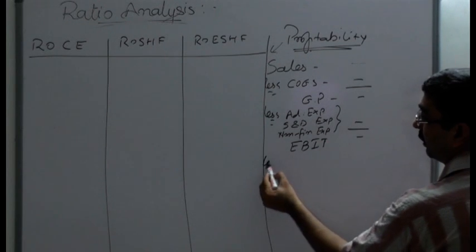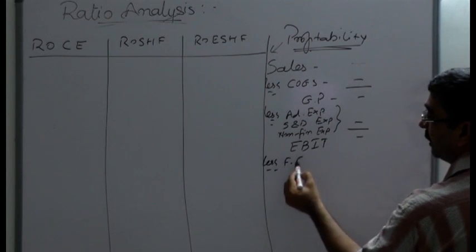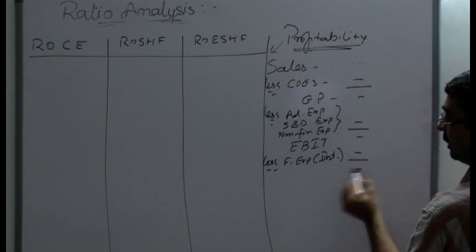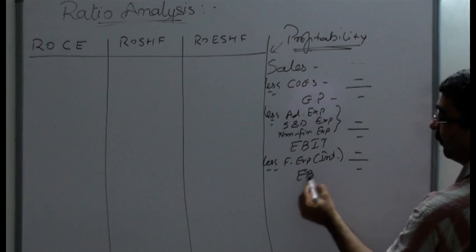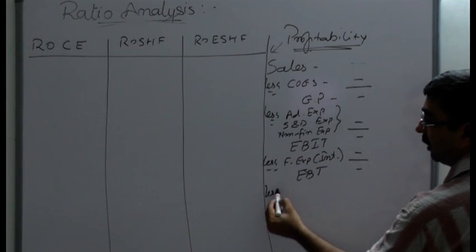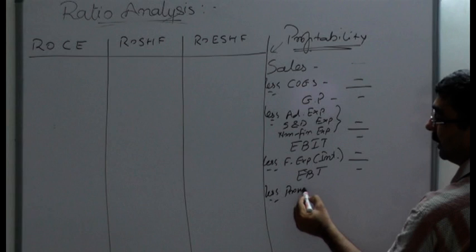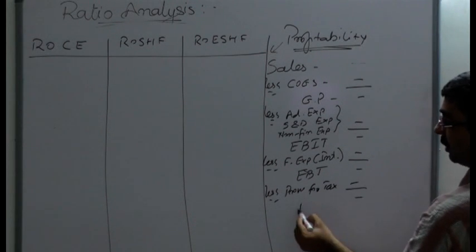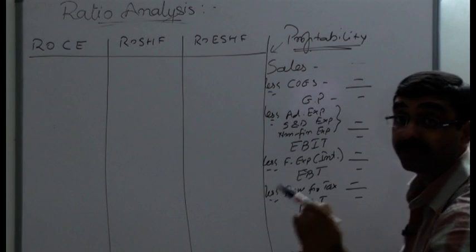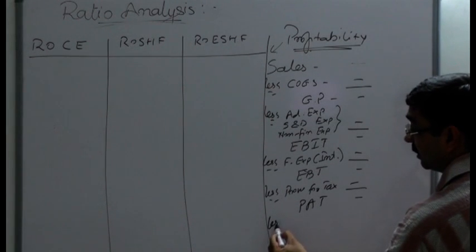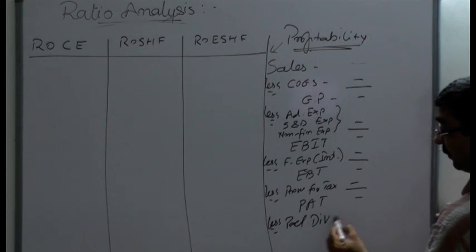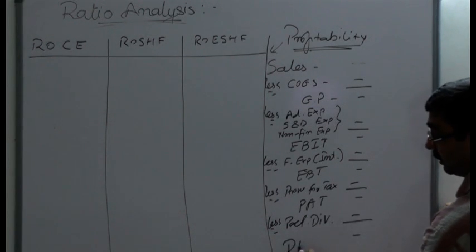From EBIT, less financial expenses deducted, financial expenses like interest, and that is your EBT. From EBT, provision for tax is deducted, that is your PAT, profit after tax. Less preference dividend deducted from it, and that is your divisible profit.